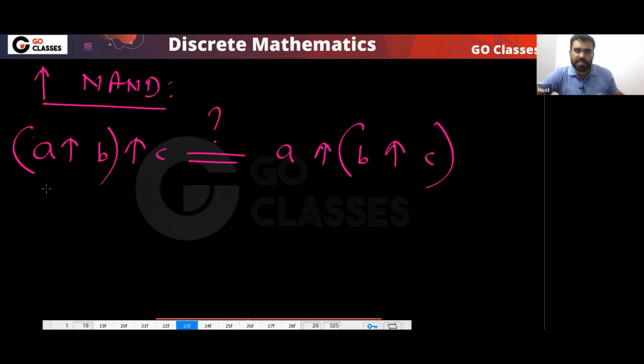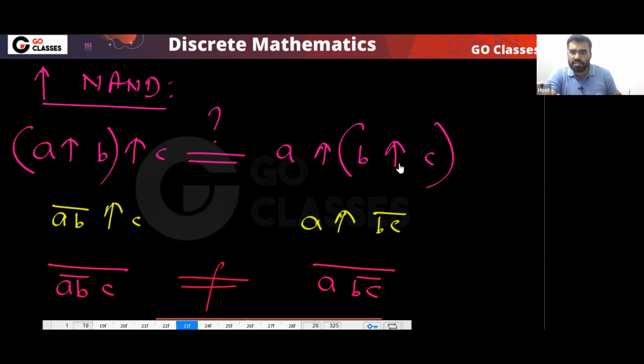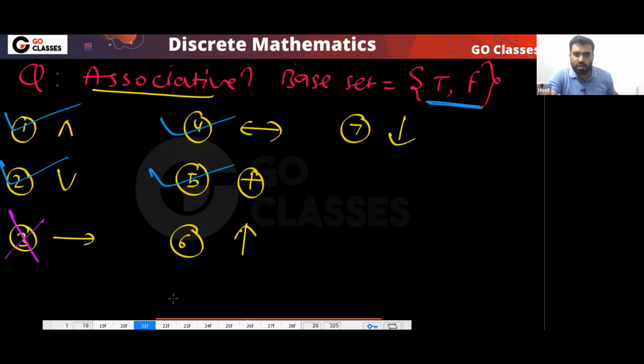This is AB bar, so this is AB bar NAND C. And this is A NAND BC bar. Finally, this will be AB bar C whole bar, and this will be ABC bar whole bar. Are they the same? They are definitely not the same. You can apply the De Morgan property and they will not be the same. So this is not associative.